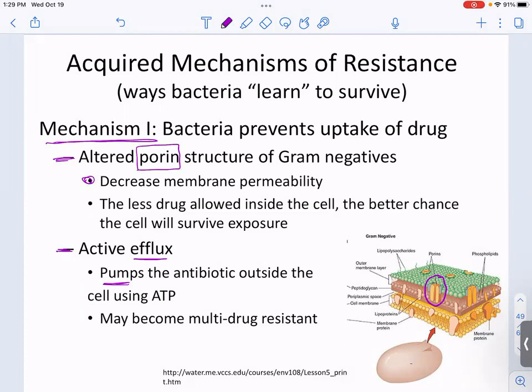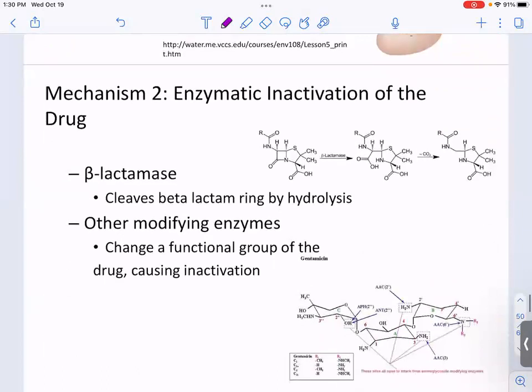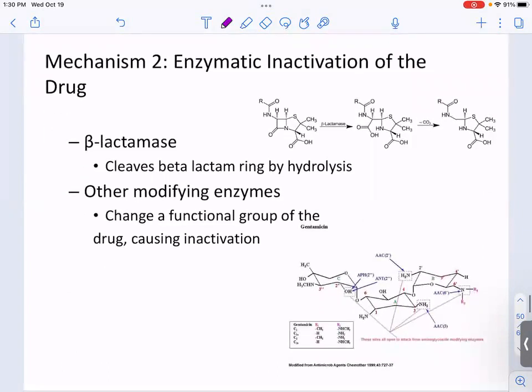Pseudomonas just naturally has these efflux pumps to be able to expel toxins. And we think that's the way that some organisms become multi-drug resistant. That takes energy to do, but it's not great.